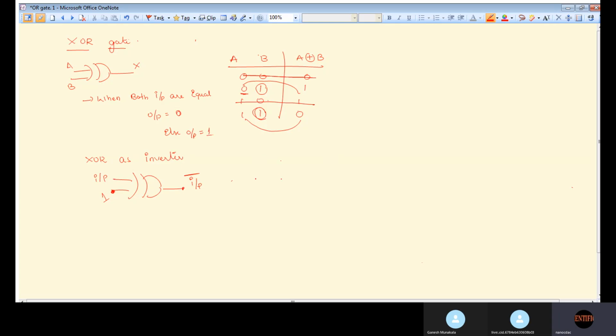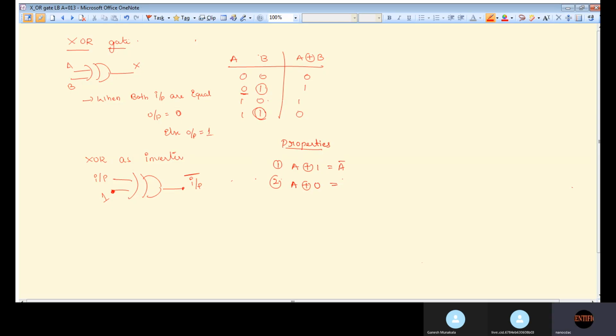So now if we see the properties of the exclusive OR gate, the first one is A XOR 1 is equal to A bar. Remember this one, A XOR 0 will be equal to what? A XOR 0.